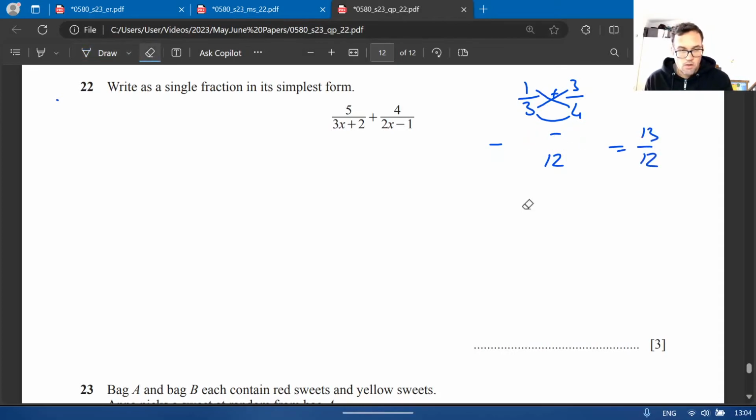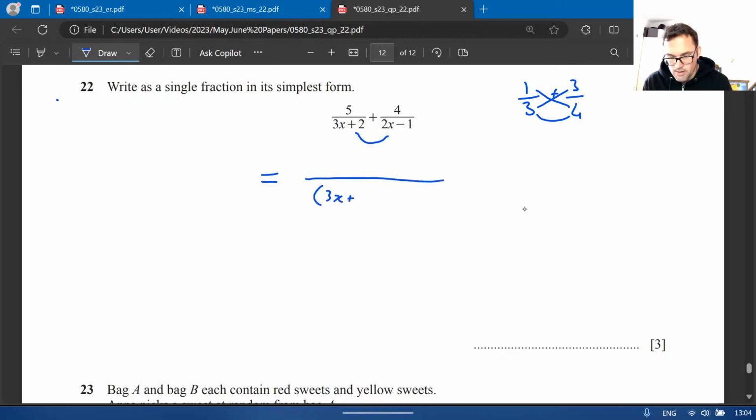Okay, we are going to do the same thing here, just with the algebraic terms. So first thing, we multiply these 2 denominators together. Now we don't have to actually do it, we can just write them next to each other. We don't need to expand the brackets.